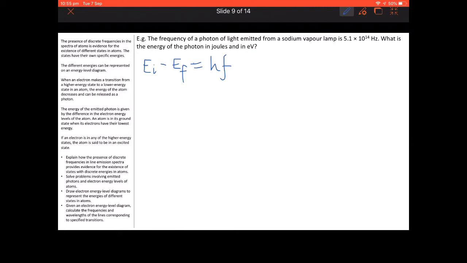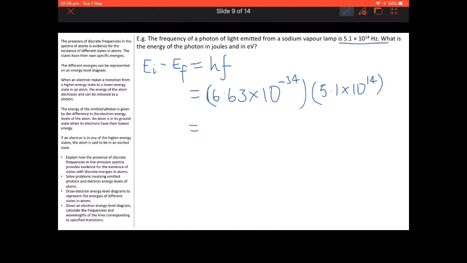We know that the frequency is 5.1 by 10 to the 14 Hertz, and we know that Planck's constant is equal to 6.63 by 10 to the negative 34. So our energy of the photon is going to be 6.63 by 10 to the negative 34 multiplied by 5.1 by 10 to the 14 Hertz. And then this is going to be equal to 3.4 by 10 to the negative 19 joules.